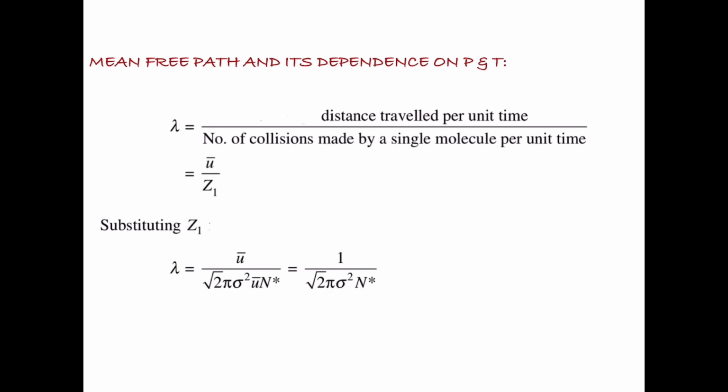That means ultimately the average speed gets cancelled, so lambda depends only on n star. There is no speed term, only the number of molecules present in unit volume.